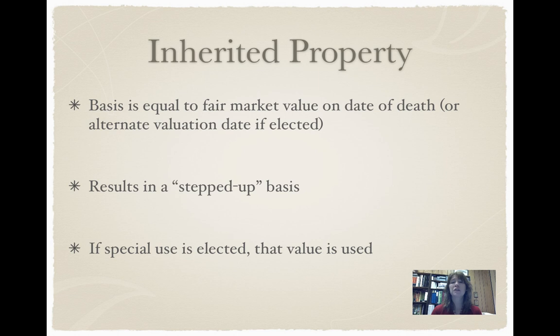This election allows a reduction in the value of the property for estate tax purposes. If special use was elected, then the person who inherits the property is going to receive the value that the property went in the estate for special use. Talk to your accountant about what that value might look like.